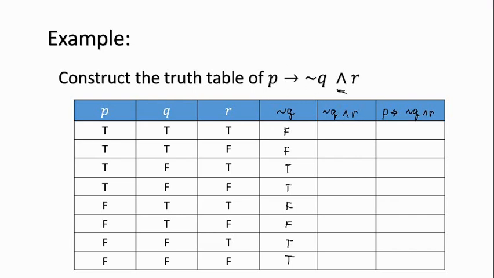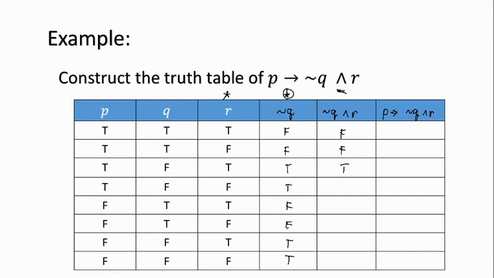So the columns for not Q and R are these columns. And we will apply the AND. So what's AND again? It's only true when both statements are true. So this is false, false, true, and true is true.